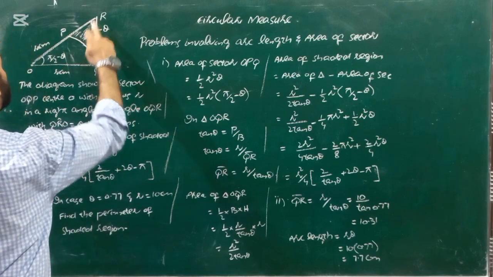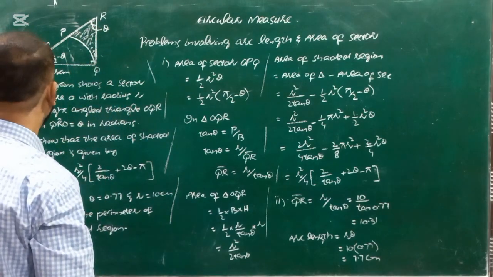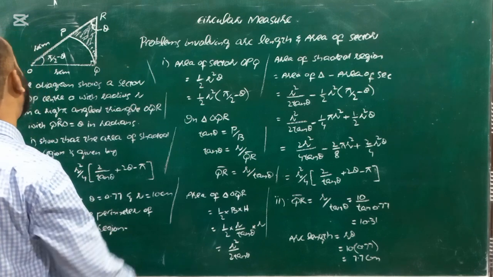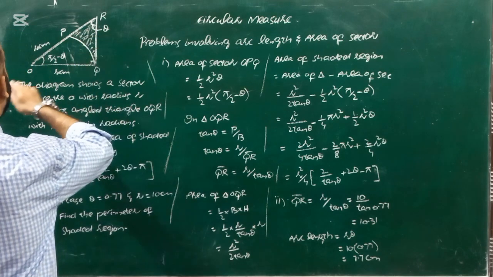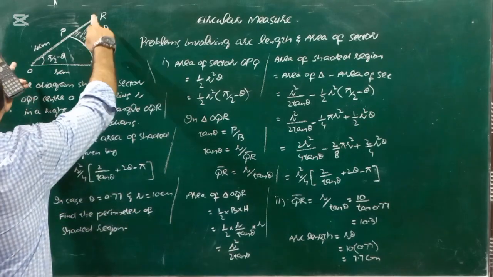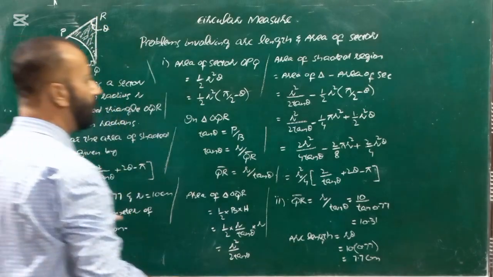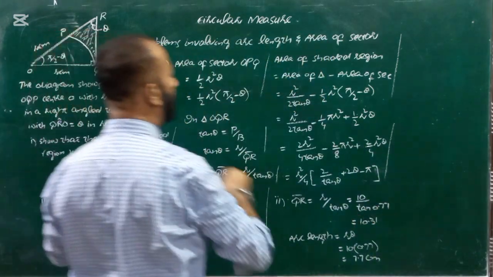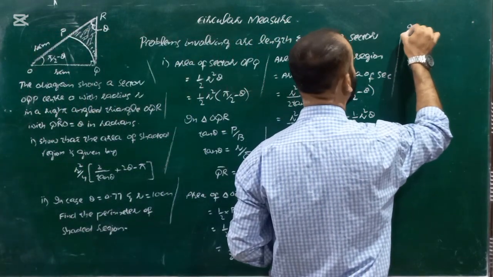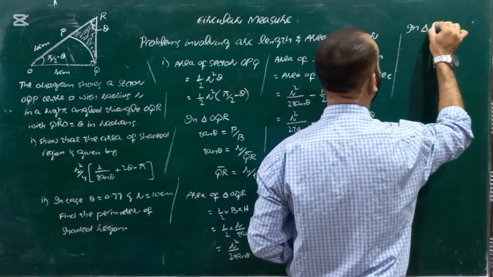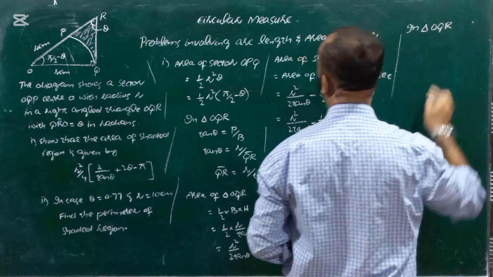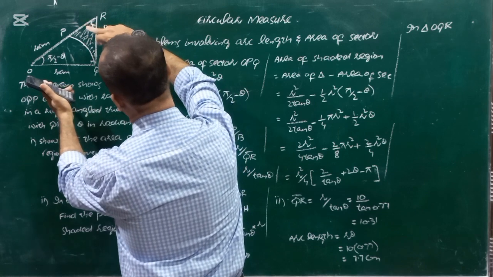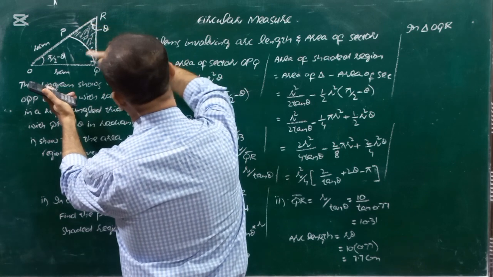Now this is the thing which is left, that is PR. From this triangle, we will find full length. So look now, in triangle OQR, perpendicular over hypotenuse, OQ over OR.